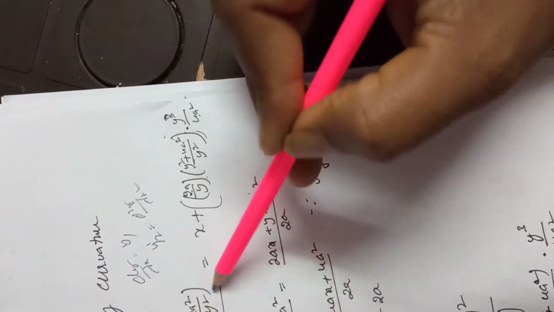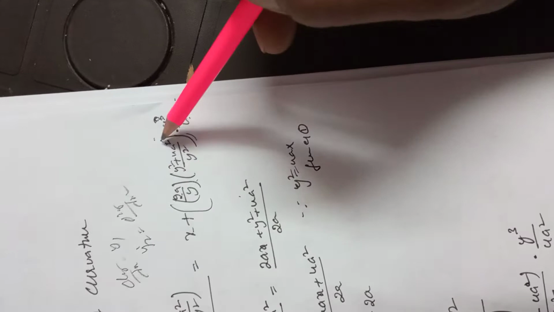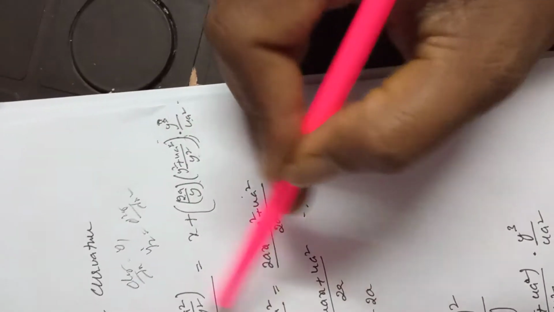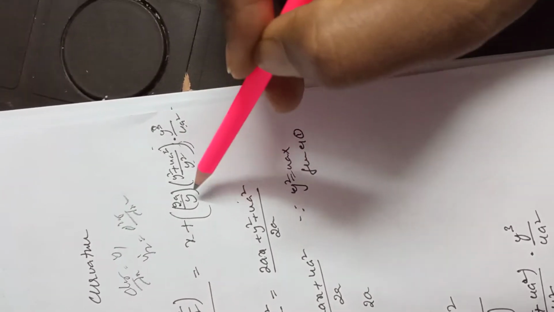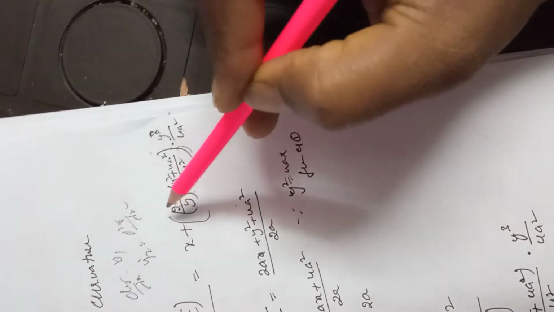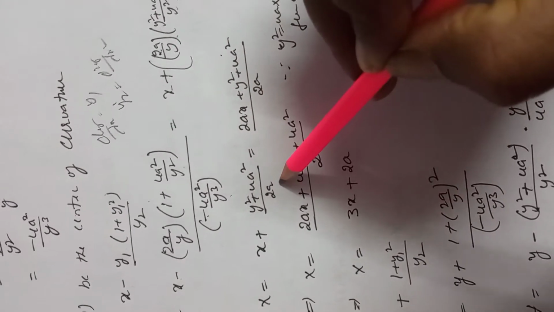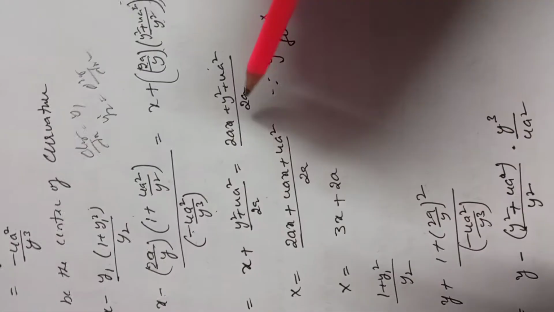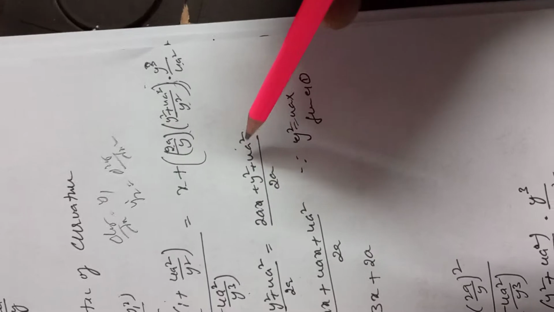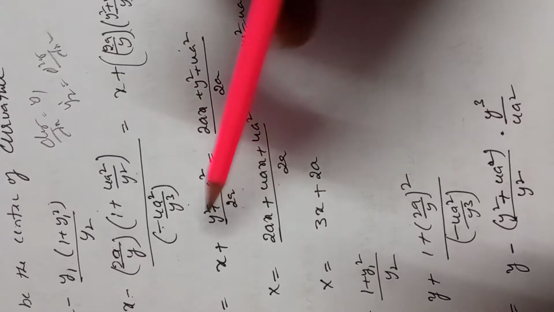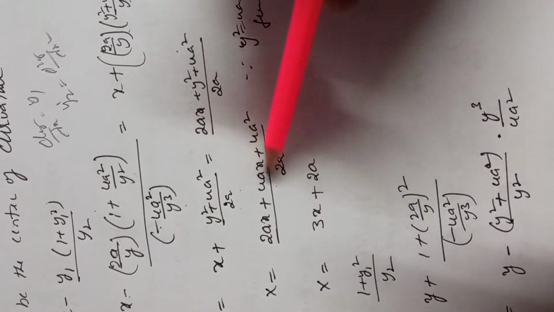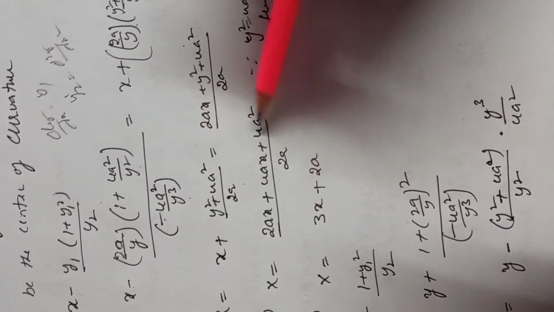y into, here if you take the LCM, y square plus 4a square by y square into, if you transpose into the numerator, y cube by 4a square, you will get, here this y square into y cube gets cancelled, 2a times gets cancelled, capital X is equal to x plus y square plus 4a square by 2a. If you take the LCM once again, capital X is equal to 2ax plus y square plus 4a square by 2a, but given that y square is equal to 4ax from equation 1, plus 4a square.